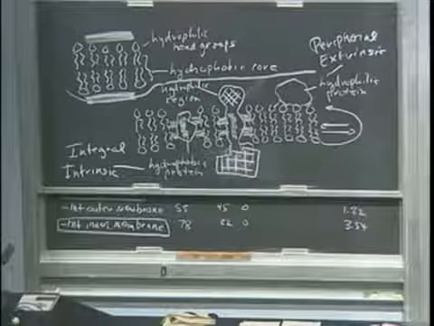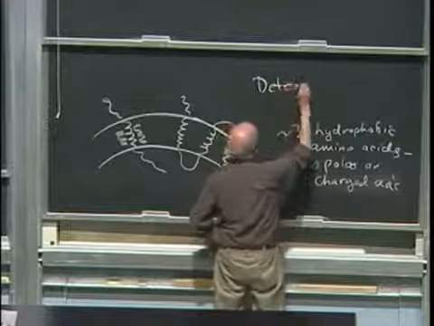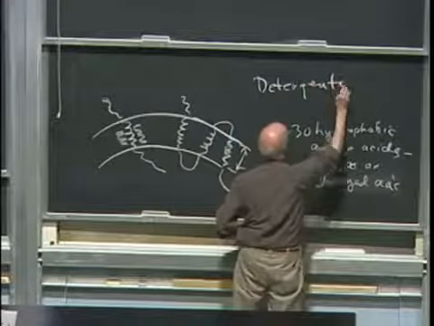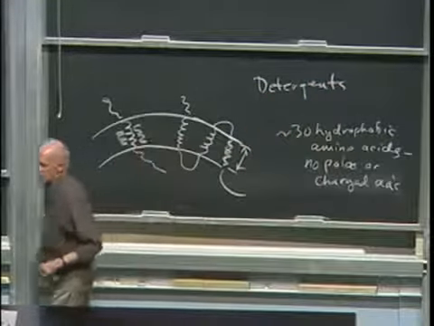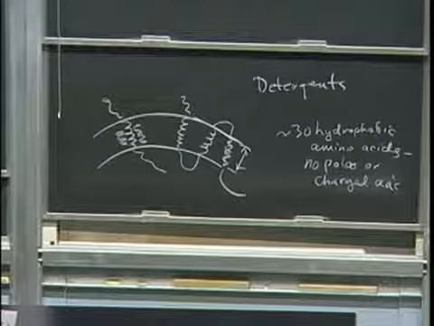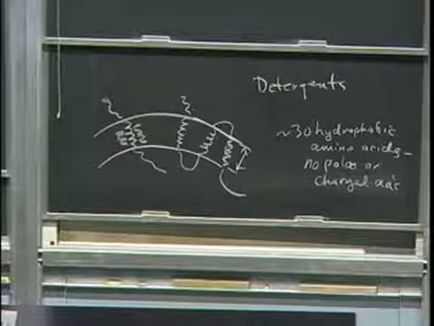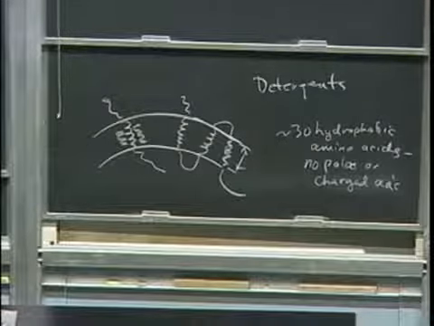Everybody knows what detergents are, right? Well, these are the same things you use to wash your clothes or your dishes. And what detergents are in biological systems is compounds which substitute for the phospholipid molecules that these proteins associate with in the biological membrane.